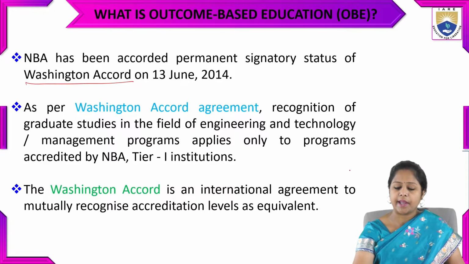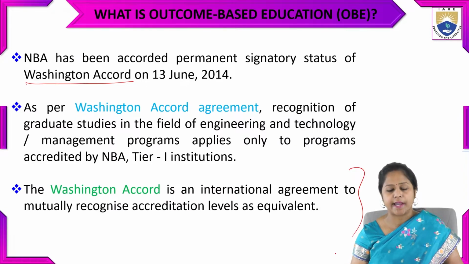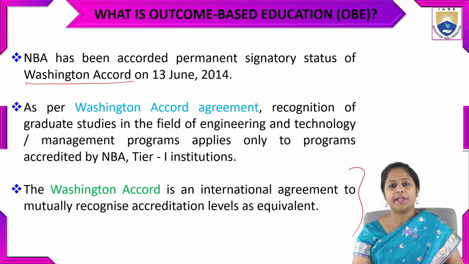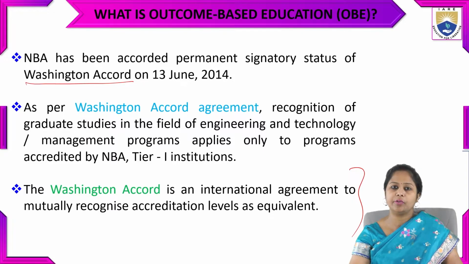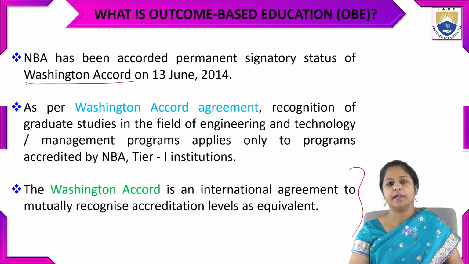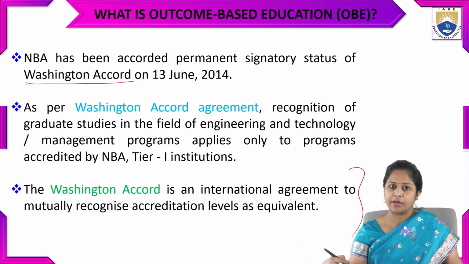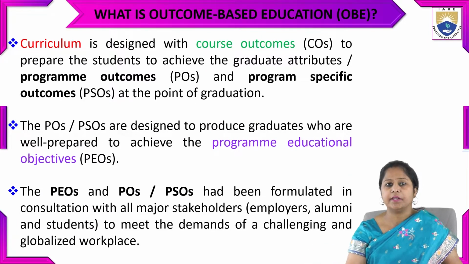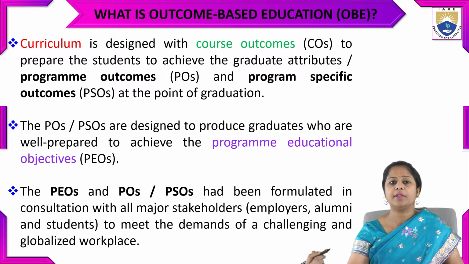The Washington Accord is an international agreement to mutually recognize accreditation levels as equivalent to graduate. So it is an international agreement that recognizes whether a student is a graduate or not, and for that a particular course and curriculum will be there.